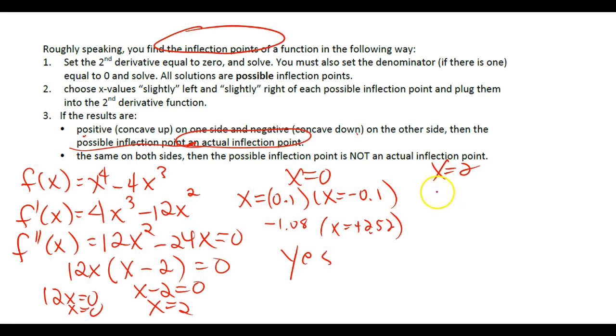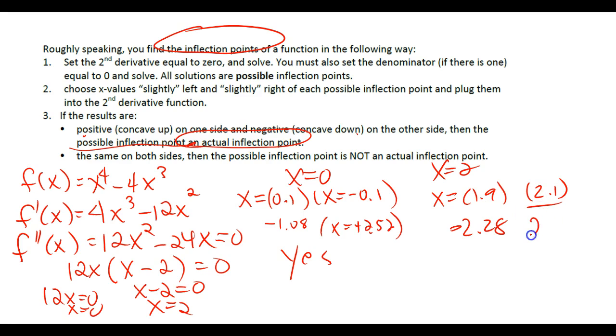Let's try 2. I'm going to check x equals 1.9 and x equals 2.1. So 1.9 squared times 12 minus 24 times 1.9 gives me a negative answer. Let's check this one. 2.1 squared times 12 minus 24 times 2.1.